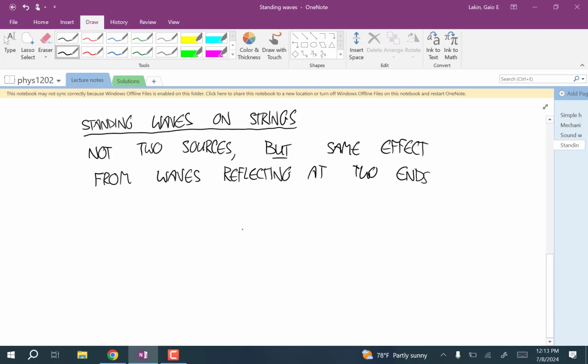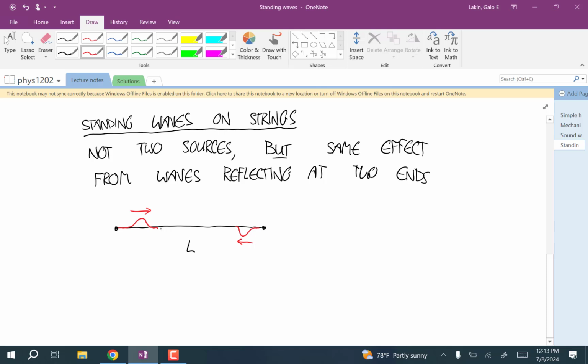Okay, so if this is the length of a string, and you send a pulse down the string, it will travel from the left to the right, and when it gets to the right endpoint, which is fixed, that point can't move, that fixed point is going to flip this pulse upside down and send it back the other way.